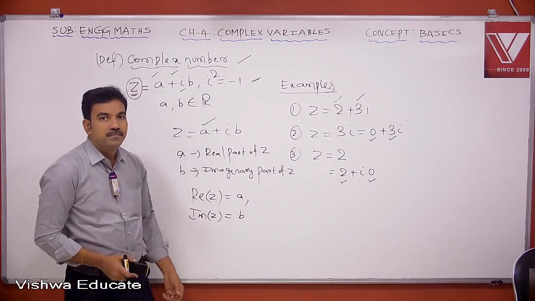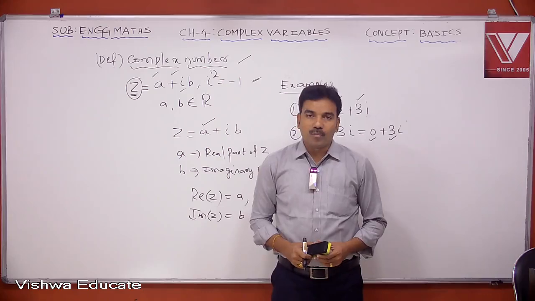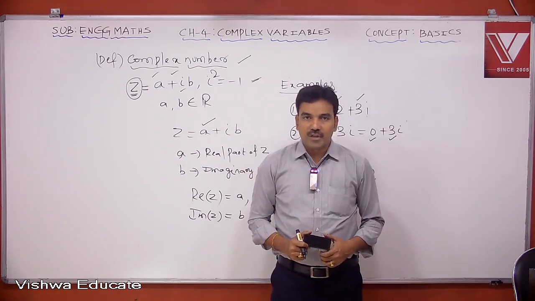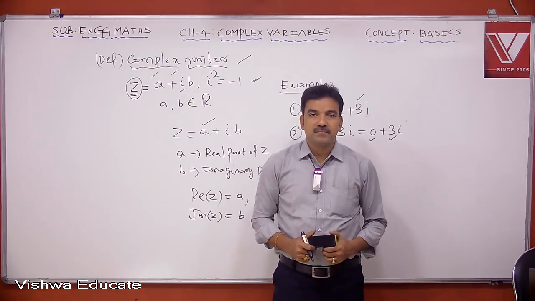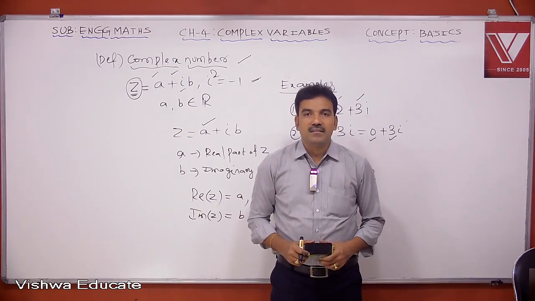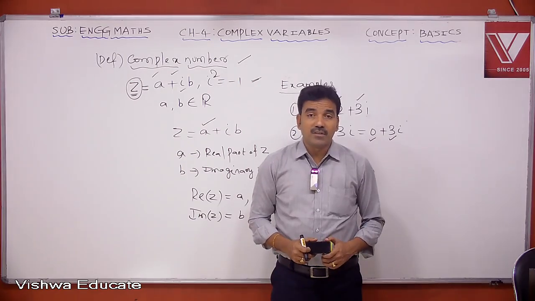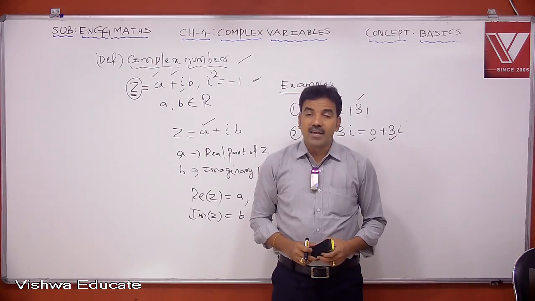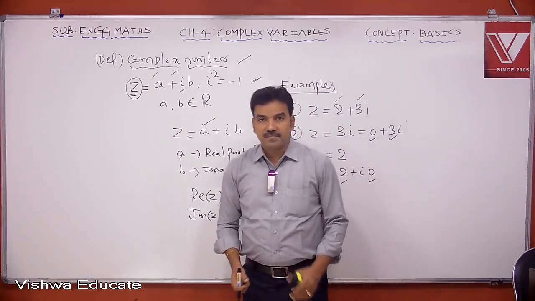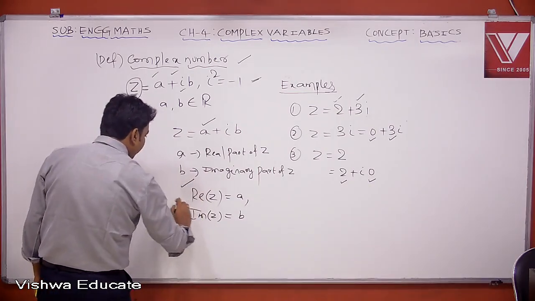Note. In the complex number z equal to a plus ib, a is called the real part of z and b is called the imaginary part of z.